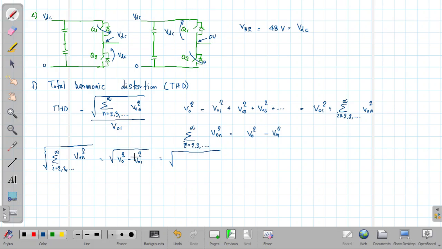V out RMS is 24. So 24 squared minus VO1, which we calculated earlier as 21.6, so 21.6 squared.